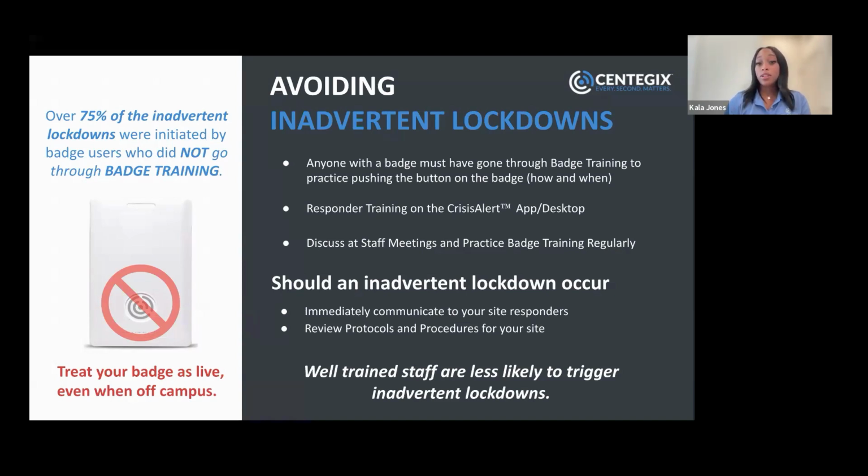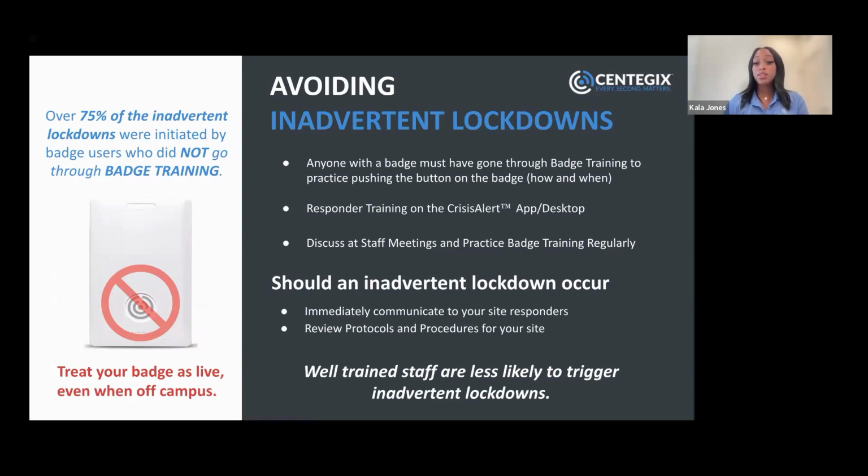Now, to avoid inadvertent lockdowns, anyone with a badge must have gone through badge training to practice pushing the button on the badge. We'll go through responder training on the CrisisAlert app and desktop, and also discuss at staff meetings and practice badge training on a regular basis. It is suggested that your staff goes through badge training 1 to 2 times every semester to create that muscle memory with utilizing the badge.